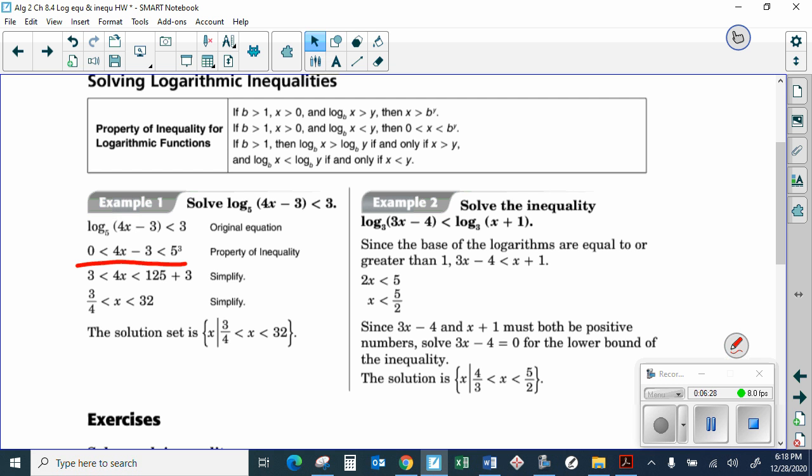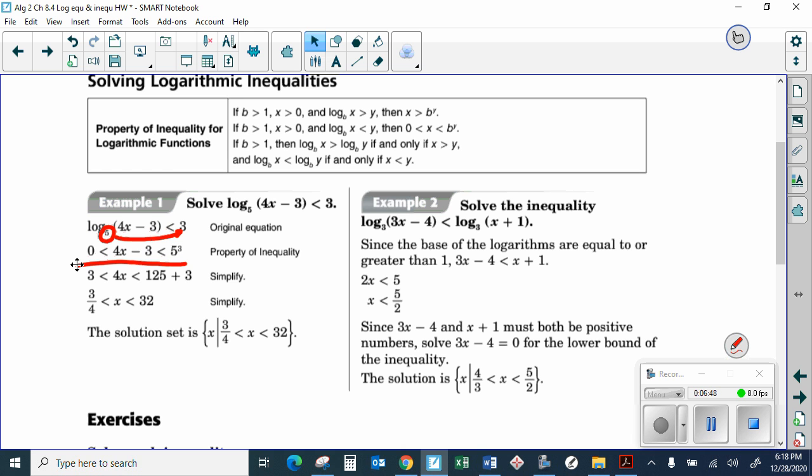That's why you see change to exponential form, 5 to the third. Okay, over here now is greater than 4x minus 3. And 4x minus 3 also has to be greater than 0. Because remember, you have to have a positive answer.